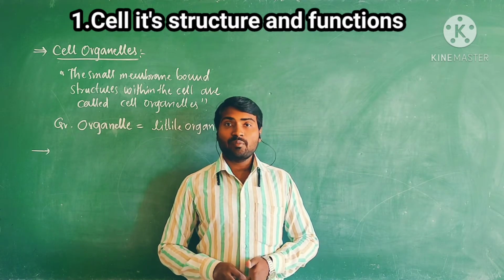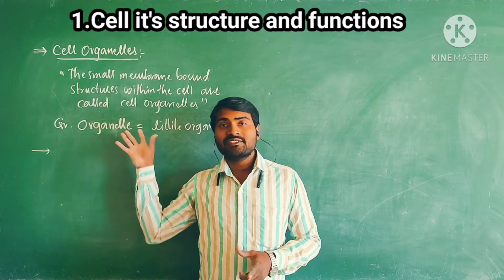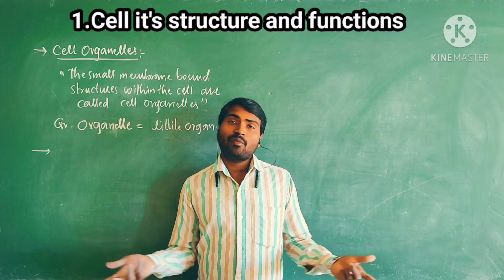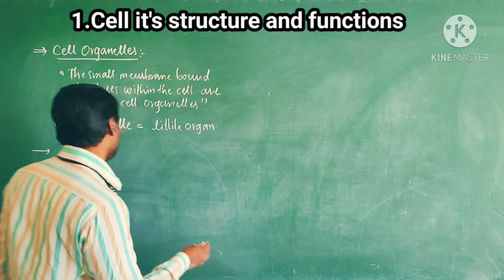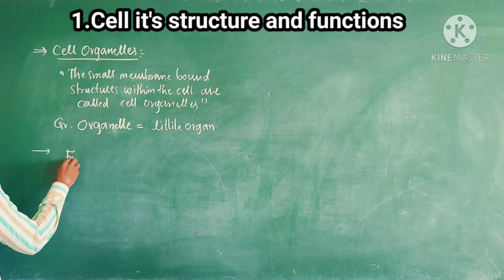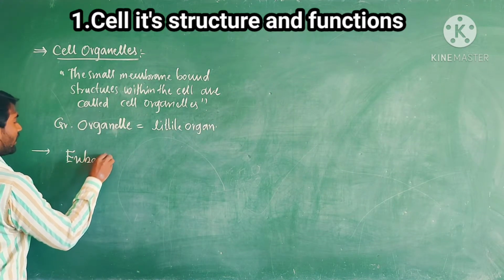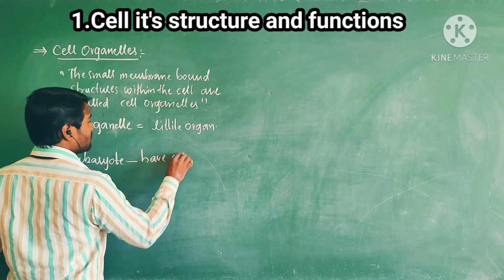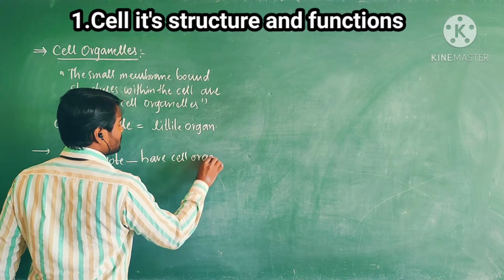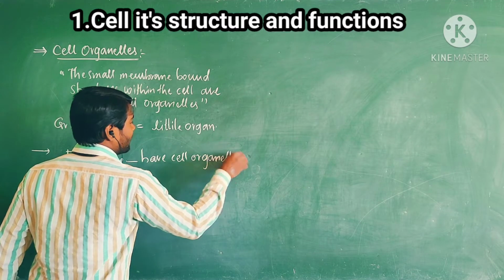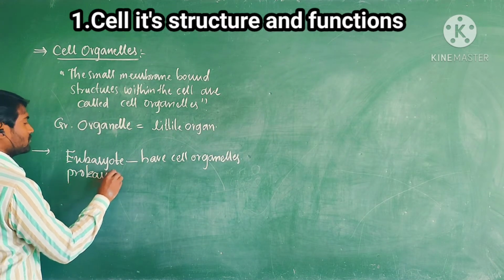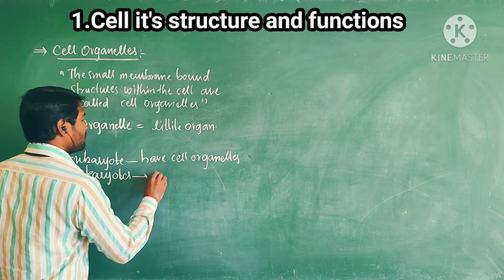Here we have to remember that all cells do not possess this type of cell organelles. Few may be present, few may be absent. Basically, eukaryotes have cell organelles, but in prokaryotes these are absent.